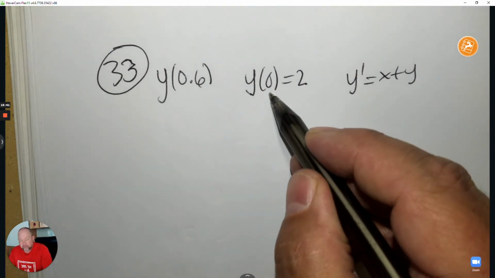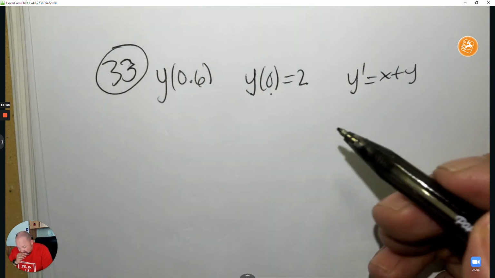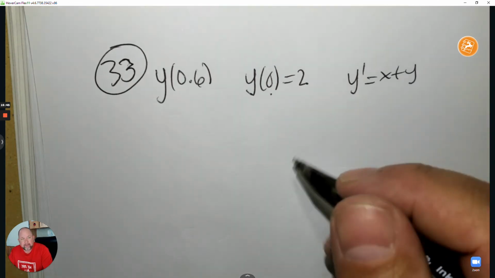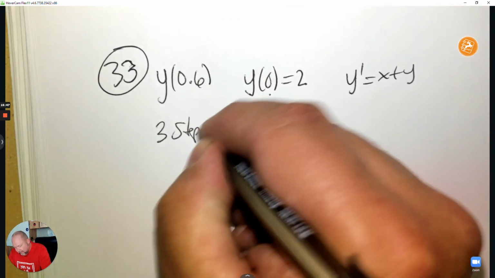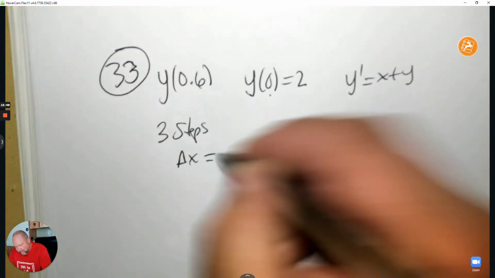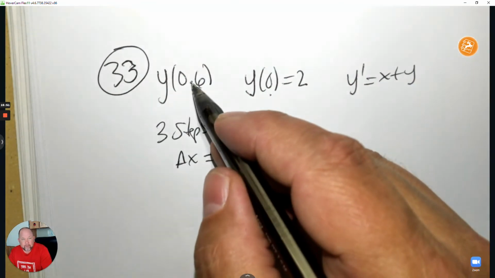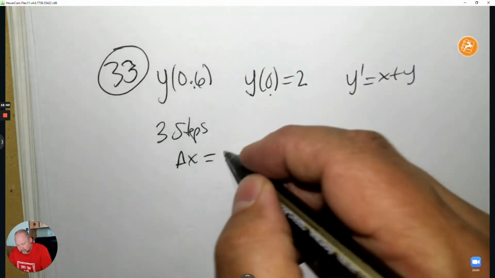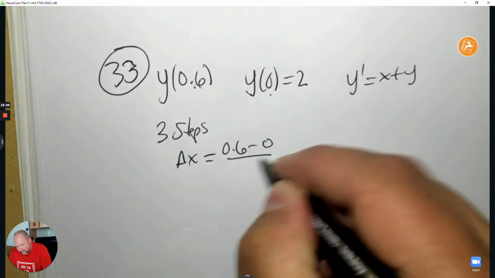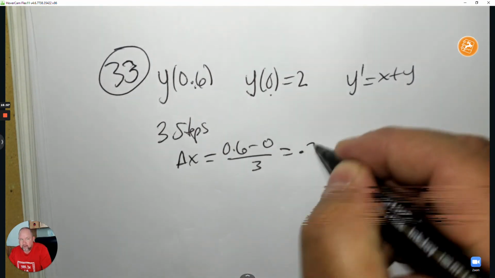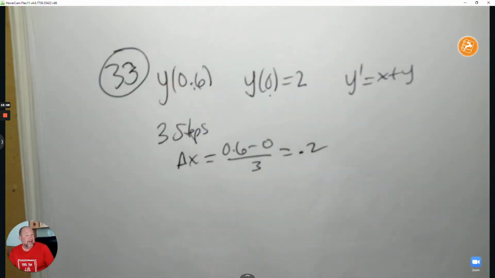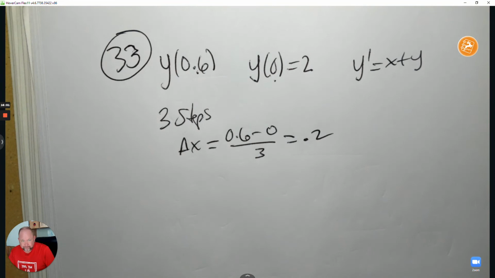So if I start at 0, how many steps? It says 3 steps. So if all it tells you is 3 steps, to find the change in x, we're going to go 0.6 take away 0 and divide by 3 steps. So that's where I get my change in x. I need that. It's 0.2.